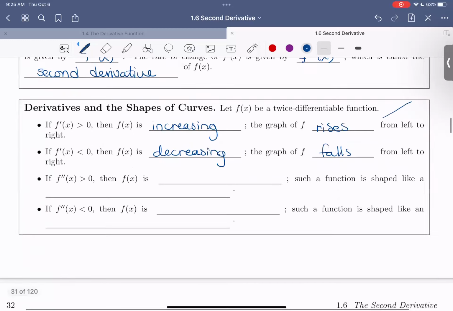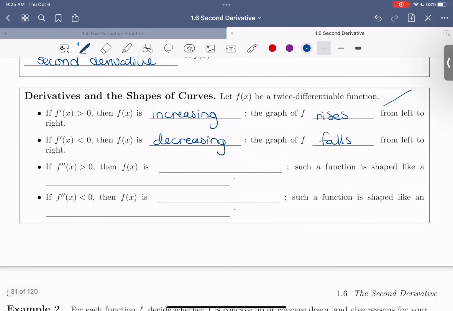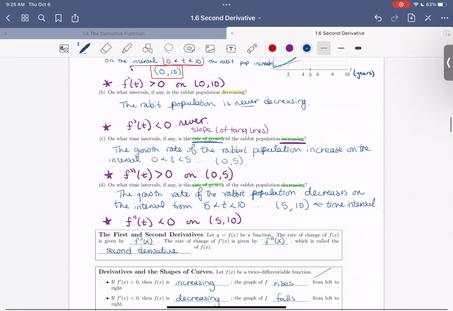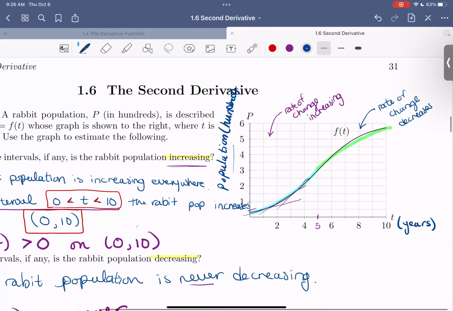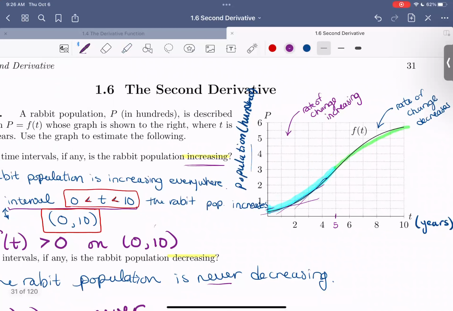Now let's consider what happens with our second derivative. If we go back to our original graph, just to recall, on this first interval, our second derivative is positive, so I'm going to write that down. f double prime of x is bigger than 0.